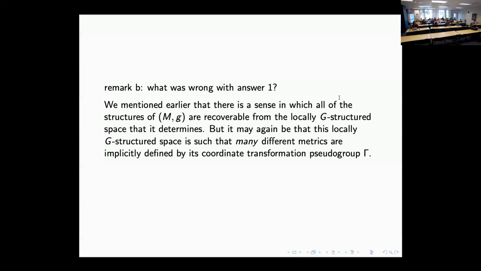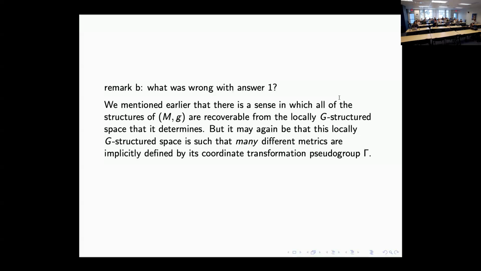But what was wrong with answer one? I'm sure that a lot of you have actually seen this already. So we mentioned in answer one, the yes answer, that there's a sense in which all of the structures of MG are recoverable from the locally G-structured space that it determines. We didn't give any argument, though, that those were the only structures that were recoverable from the locally G-structured space that it determines. It may be that this locally G-structured space is such that many different metrics are implicitly defined by its coordinate transformation pseudogroup.